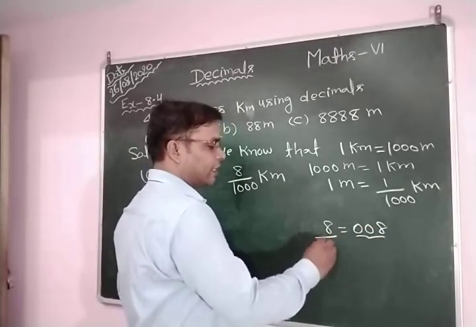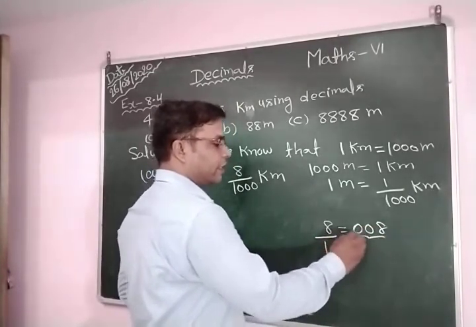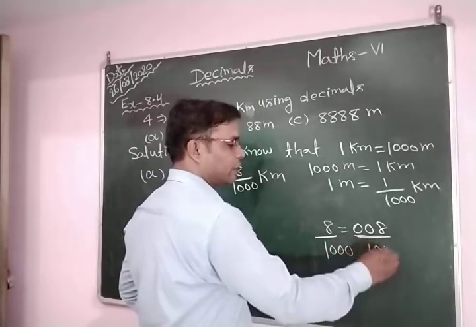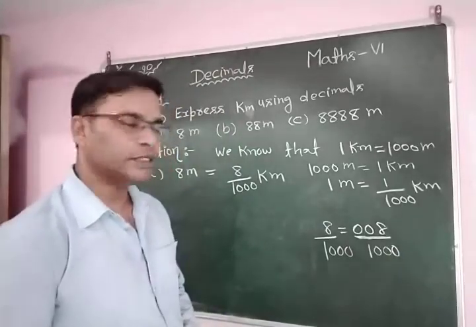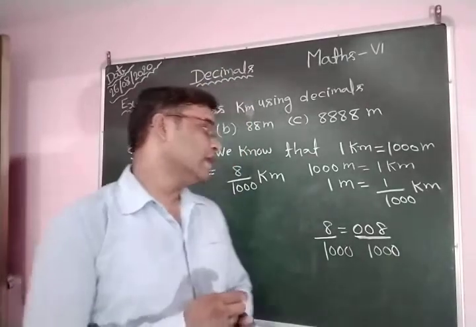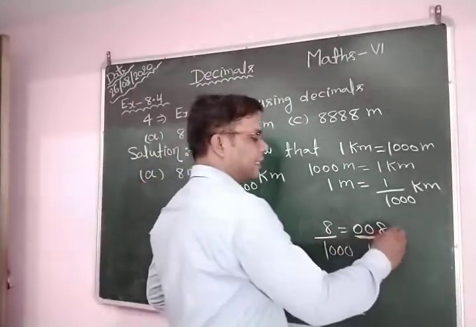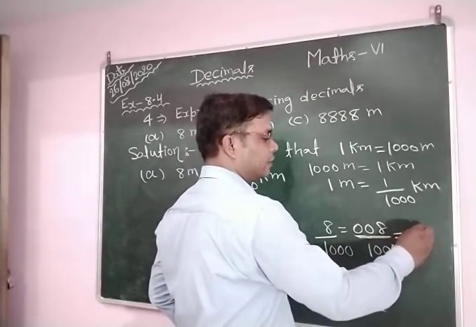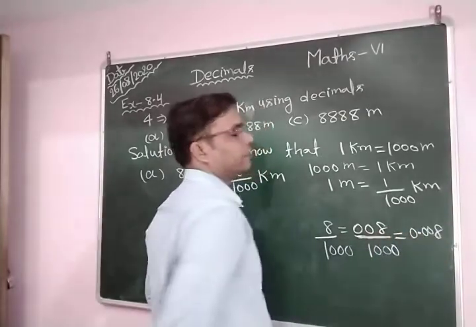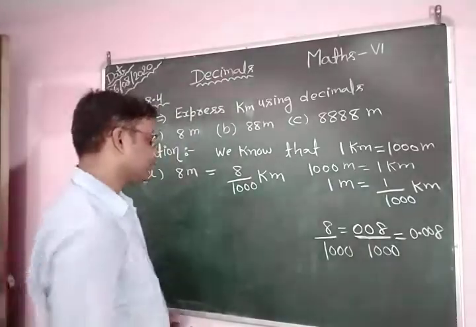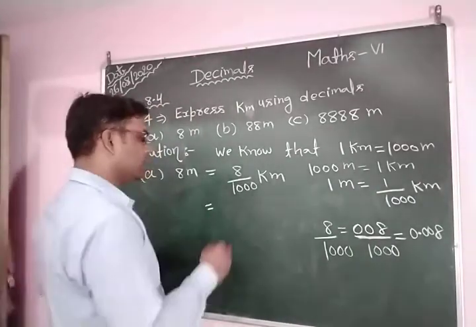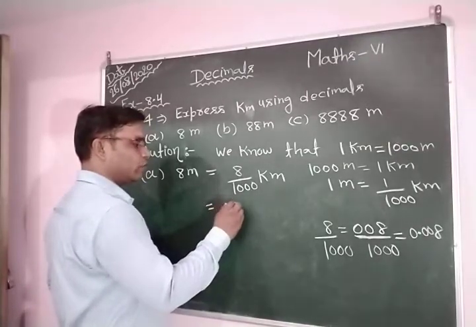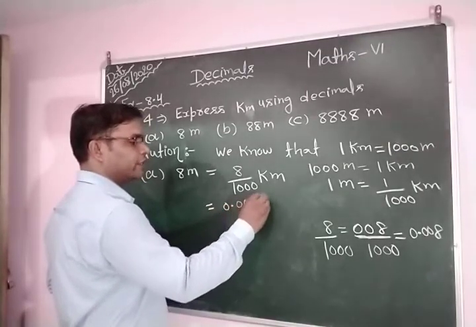If you write 8 by 1000, it is 008 divided by 1000, so we can write it as 0.008. So 8 by 1000 is equal to 0.008 kilometers.